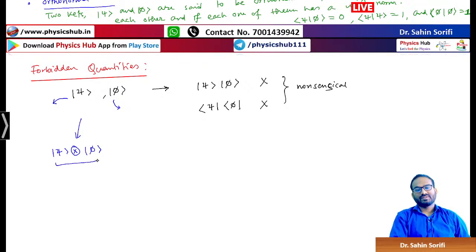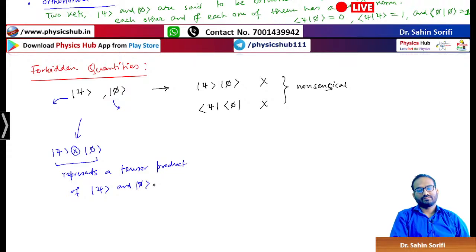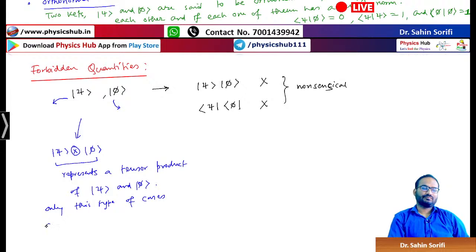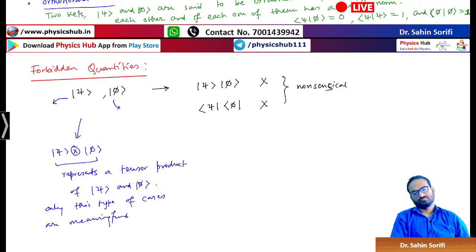So this represents a tensor product of psi and phi. Only this type of case is meaningful, not this or this.